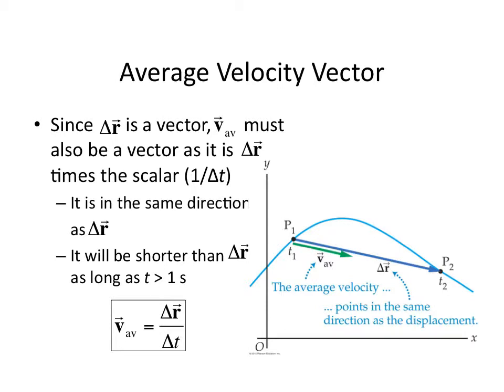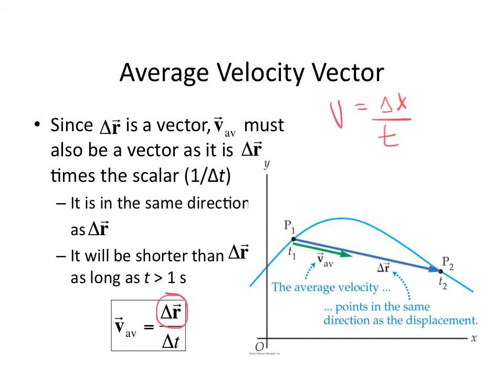We have velocity vectors. Remember, velocity is, you might say, speed in a given direction. And velocity, as we know before, is described as a change in position over a change in time. Well, if on a previous slide we indicated a change in position as delta r, we're just going to go with that.